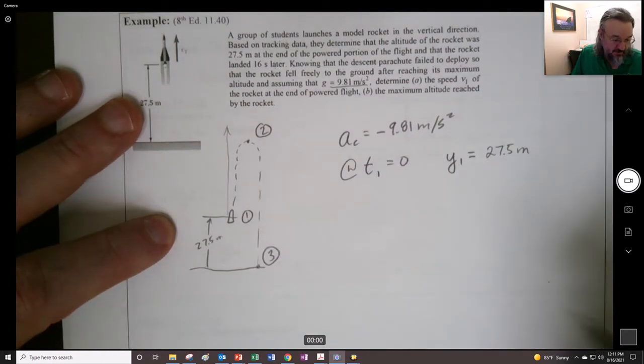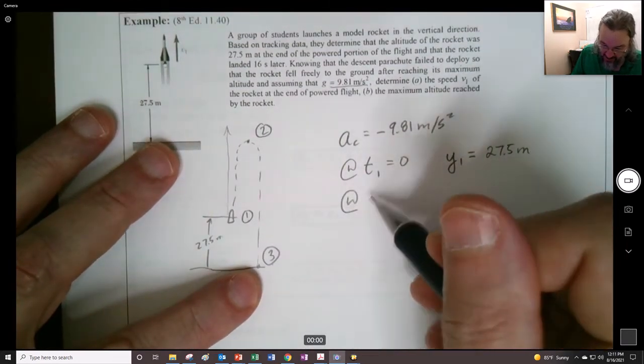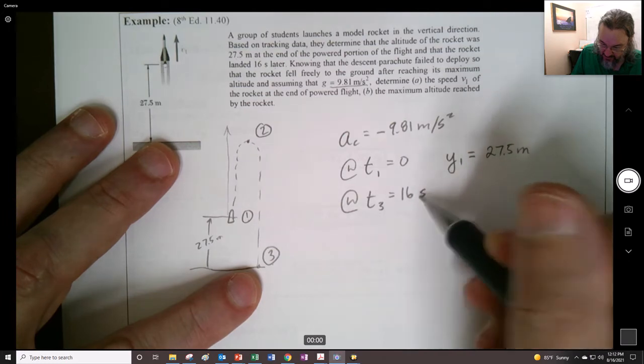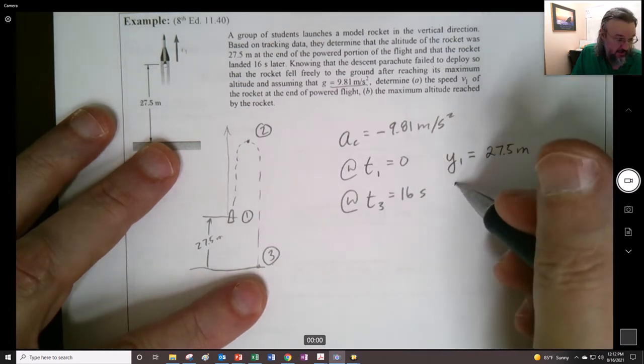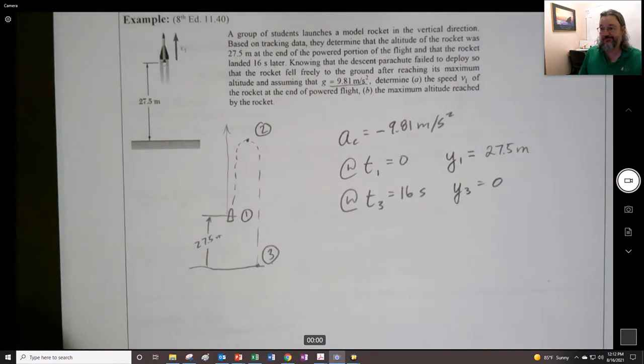All right, so what else do we know? We know that here at the end, at t3 is 16 seconds. We know that y3 is equal to 0. All those things seem like it's true.